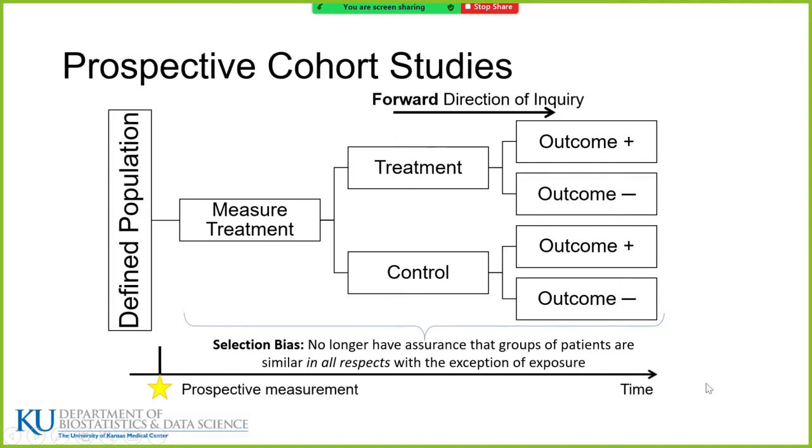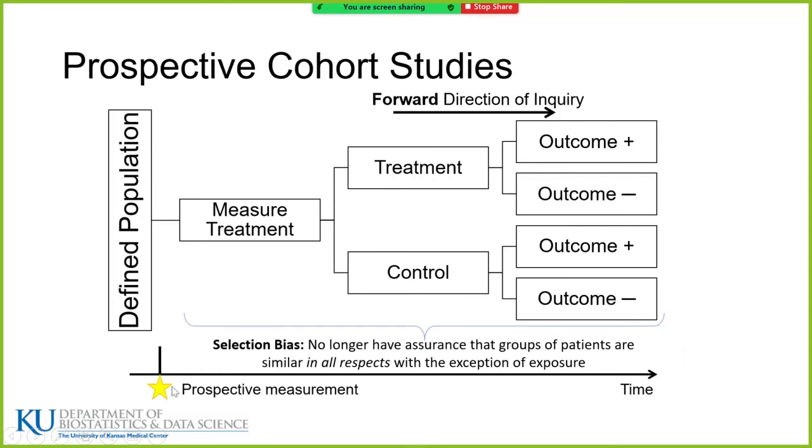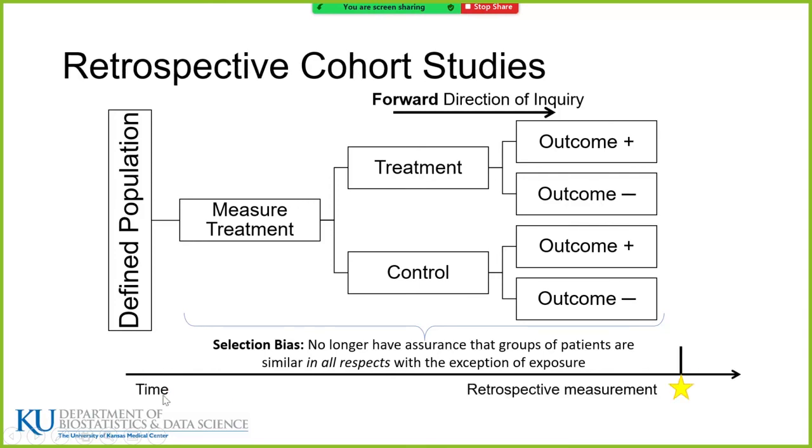The time is prospective. Retrospective cohort study looks exactly the same, except notice here where we are in time. I should have been clear. This is where we are in time when the study starts. Everything has happened in the past, and we are collecting that information based on recall or health records.